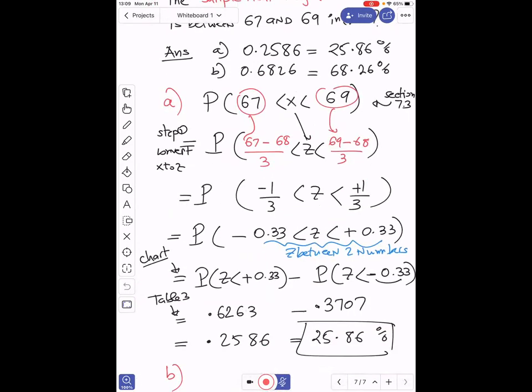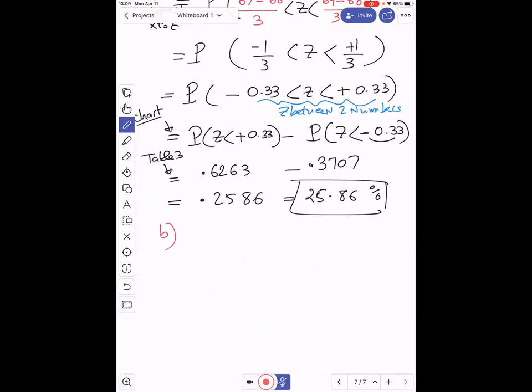So in B, it's a different question. In B, we have a sample of 9 18-year-old men, and the mean.